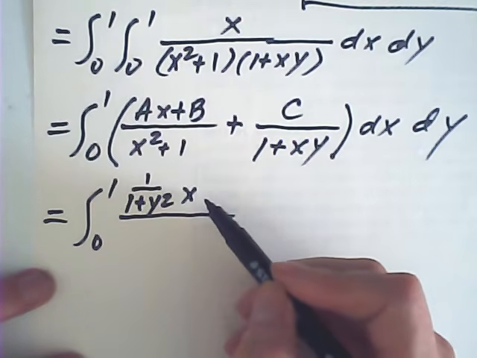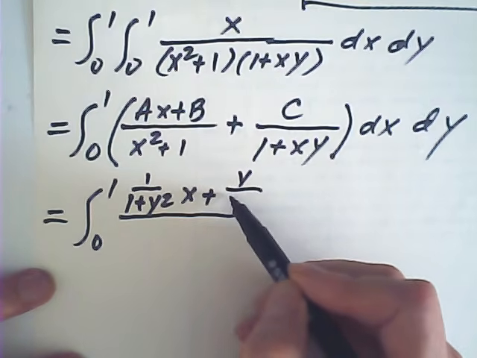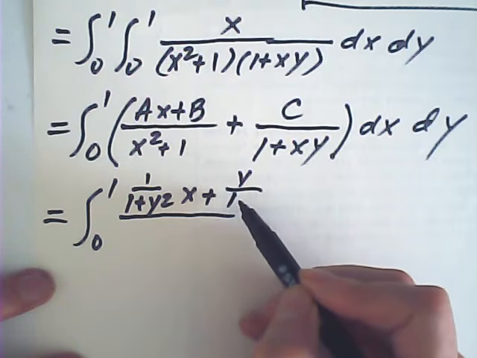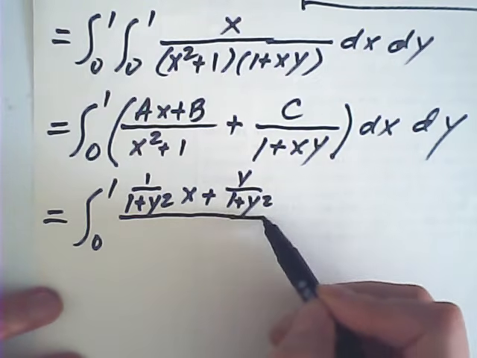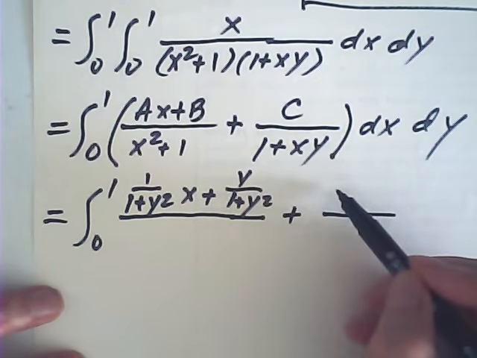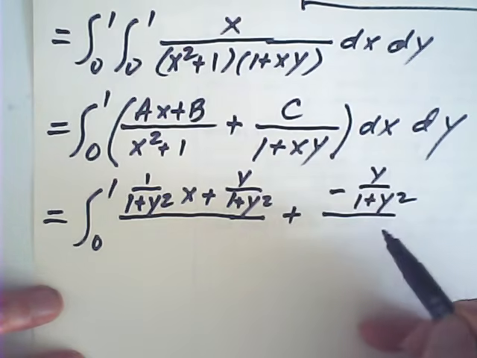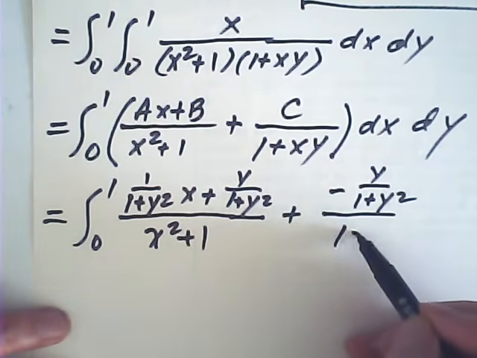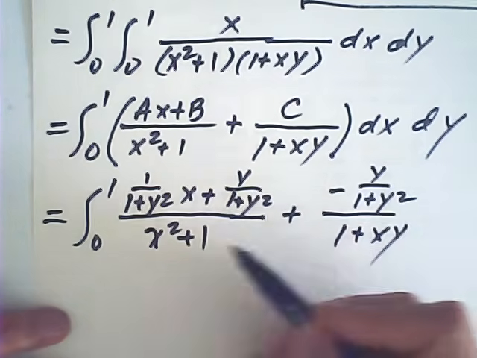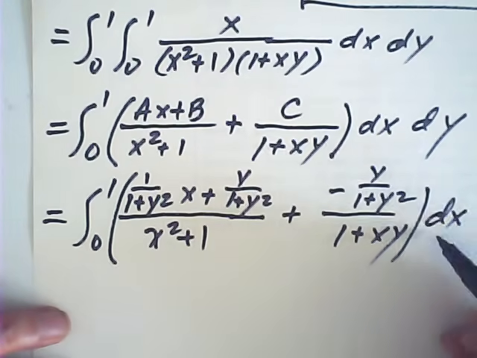That's A. B is equal to y over 1 plus y squared. That's B. C is negative y over 1 plus y squared. Okay, this is x squared plus 1. This is 1 plus xy, and dx and dy.